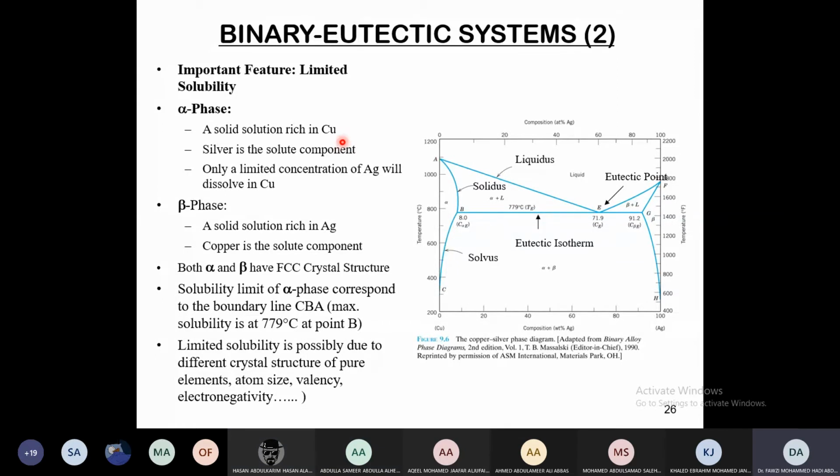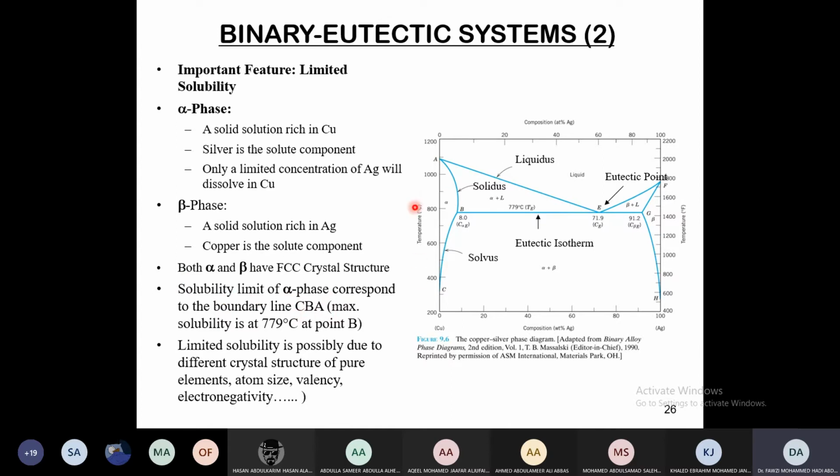So basically, if it is a solid solution, you cannot be saying you will be adding another material which has a BCC, for example, to it. So since both the silver and the copper have the same FCC crystal structure, then the solid solution which forms will also be an FCC crystal structure. So both alpha and beta are FCC crystal structure.